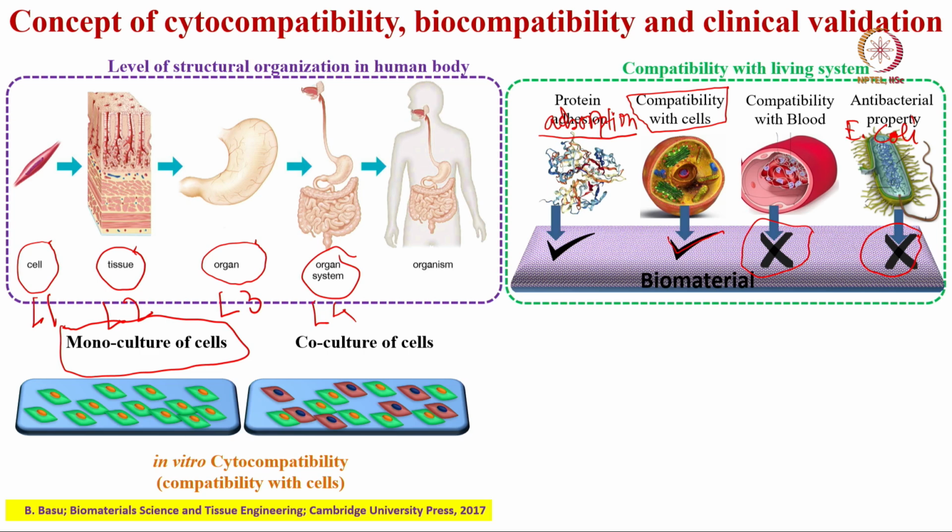But in very less number compared to the monoculture of cells, there is co-culture of cells, that means more than one type of cells, or 2 or 3 different types of cells, being cultured together. So, that is called co-culture of cells, and that has been shown by different colored cells here, as you see in this particular part of this slide.